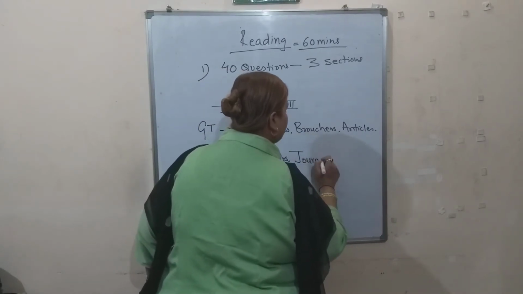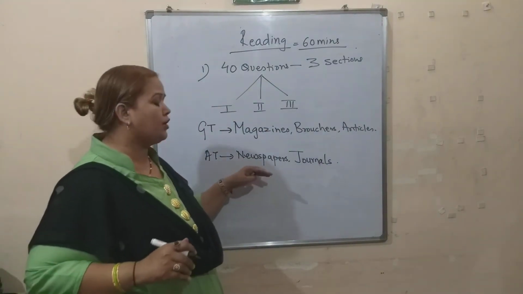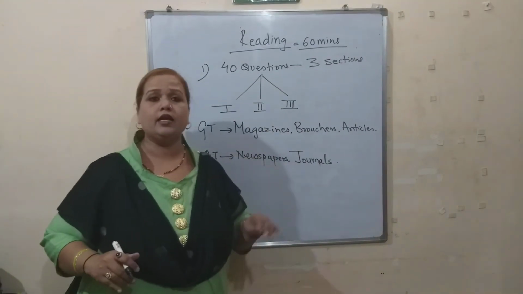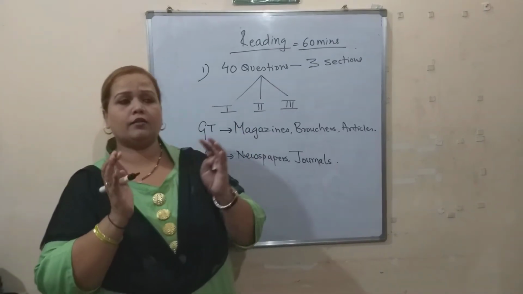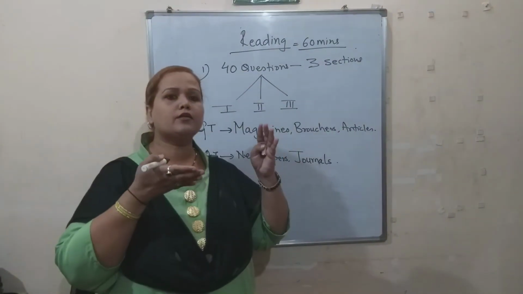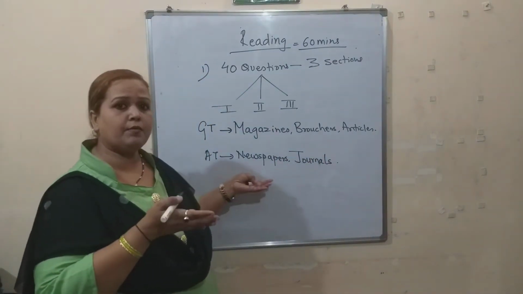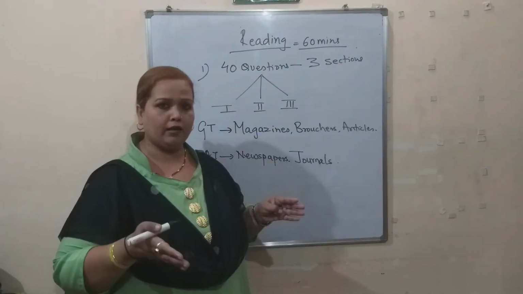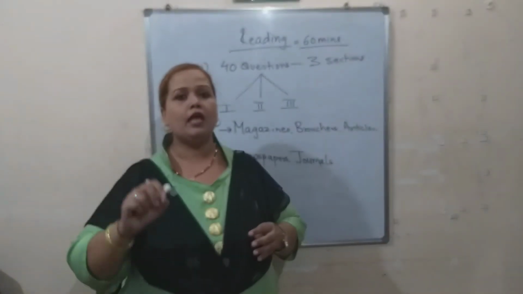One biggest difference is that in the general category, the paragraphs are a little smaller compared to academic, as academic always has long paragraphs, and a candidate should be very good at skimming and scanning.